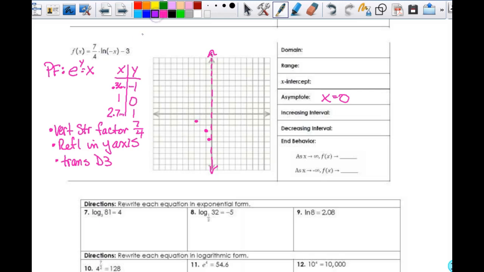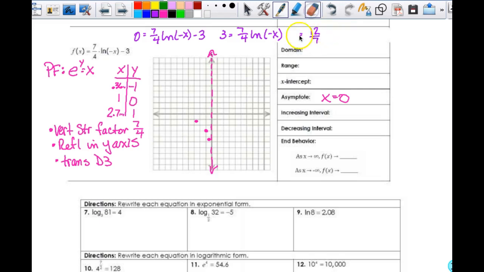So that's when y is 0. So 0 equals 7/4 times the natural log of -x minus 3. So that means that 3 equals 7/4 times the natural log of -x. Multiply by 4/7. That's going to give me 12/7.